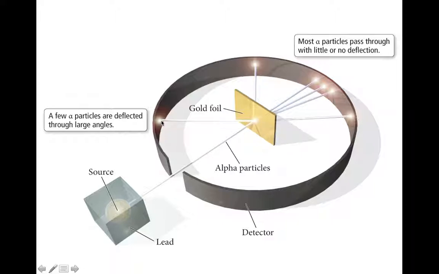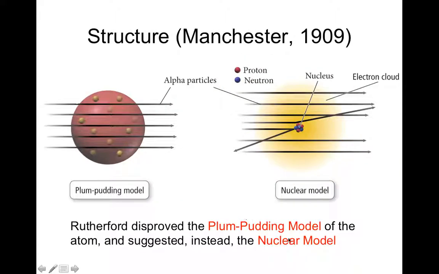Some, even fewer yet, would actually hit a nucleus head-on or close to head-on and be bounced almost directly back. So this was the experiment that Ernest Rutherford performed at the University of Cambridge to confirm the nuclear model of the atom. So here's the nucleus. These alpha particles are coming through. Some of them are hitting off the side and bouncing a little bit. Most of them are just going straight through. The electron cloud is here. And some of the particles are hitting it pretty much straight on and getting bounced back.